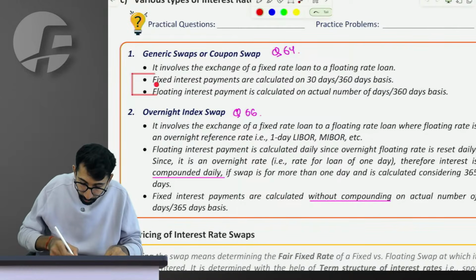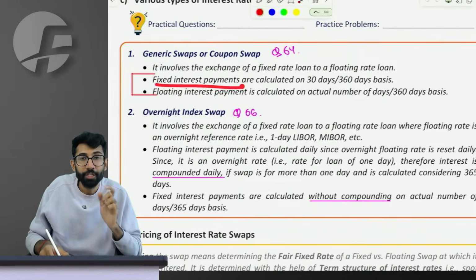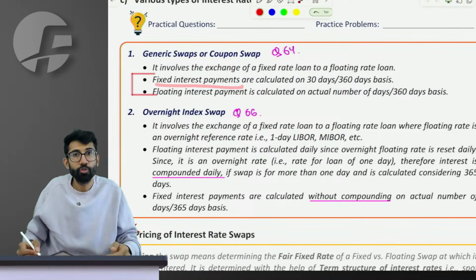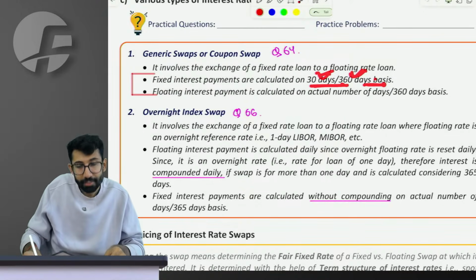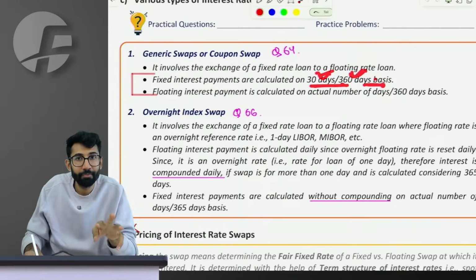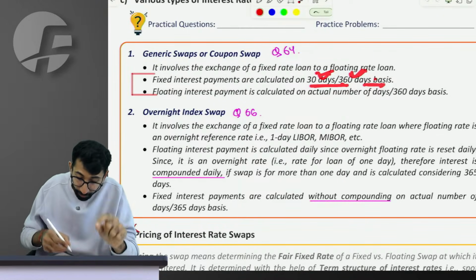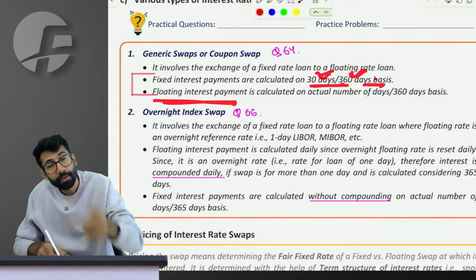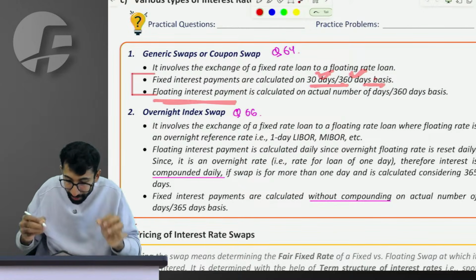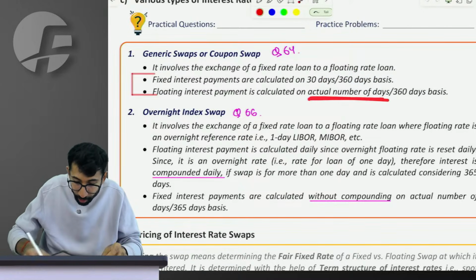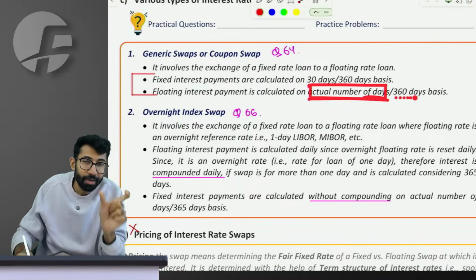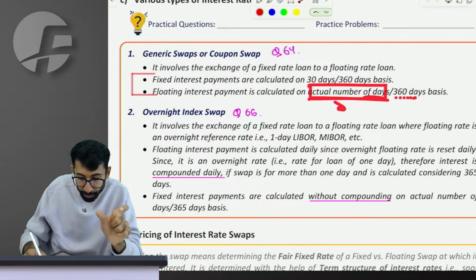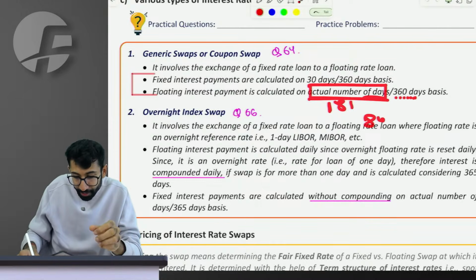In the fixed leg, when you calculate the amount of interest to be paid, it is calculated on a 30/360 basis, meaning a month basis, 2 divided by 12 or 60 divided by 360 days. But the floating part, which for example you have to pay to me, is calculated using the actual number of days divided by 360 days. Imagine that in that 6 months it is 181 days or say 184 days.